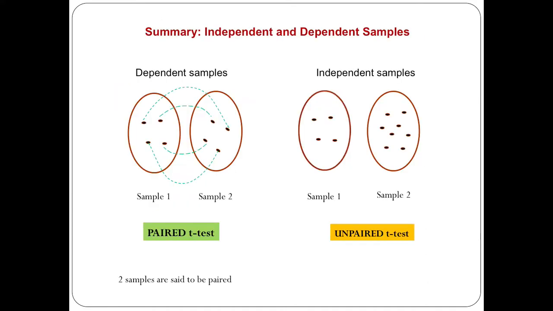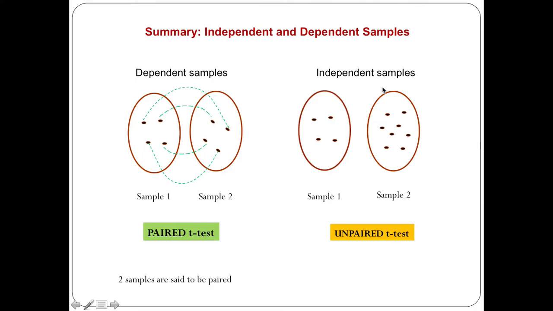This picture shows you a clearer summary of independent and dependent samples. For the dependent samples, we do the paired t-test. As you can see here, you have sample 1 and 2, but the same samples are paired, so you are comparing the differences. Whereas for the independent samples, sample 1 and sample 2 are not related at all.